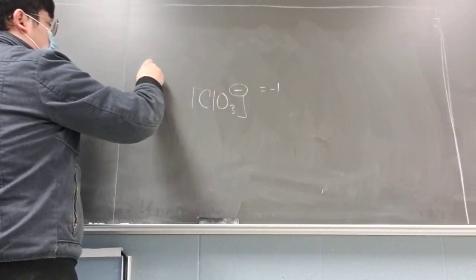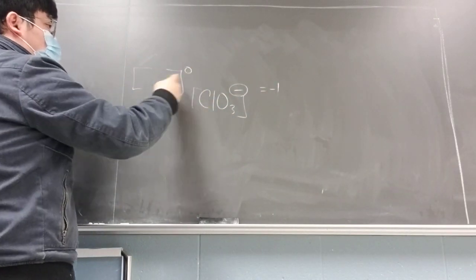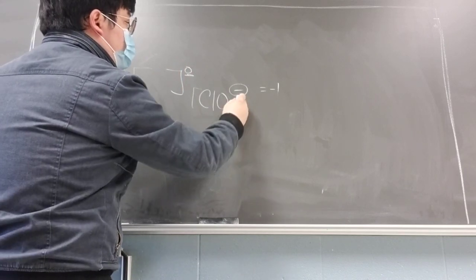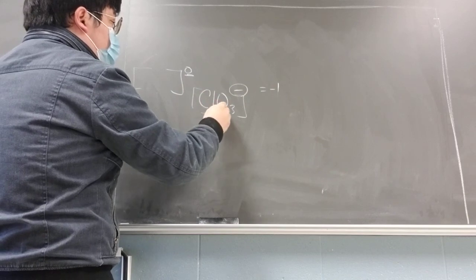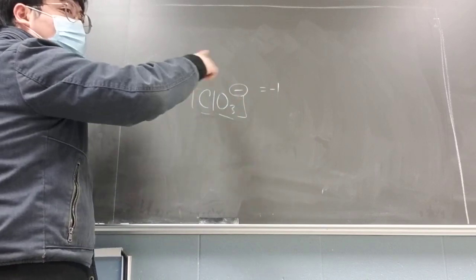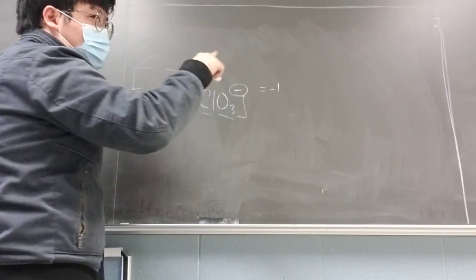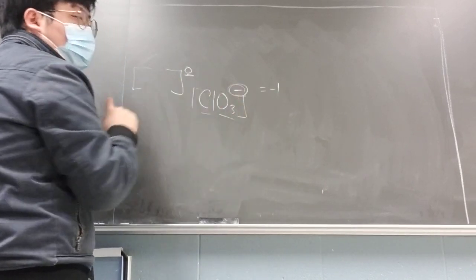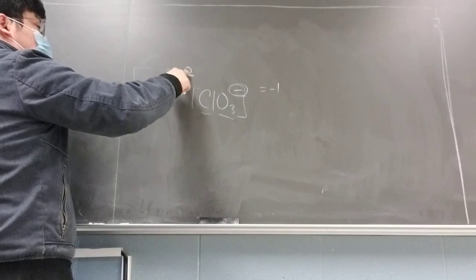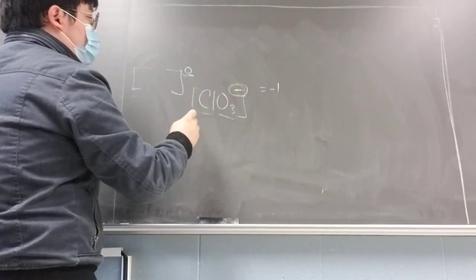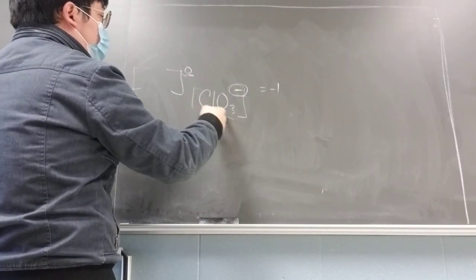Like I said, if the compound is neutral, the sum has to be 0, right? But this one is -1. So if you add all the chlorine and oxygen numbers together, it has to be -1, not 0, because the formal charge is -1.